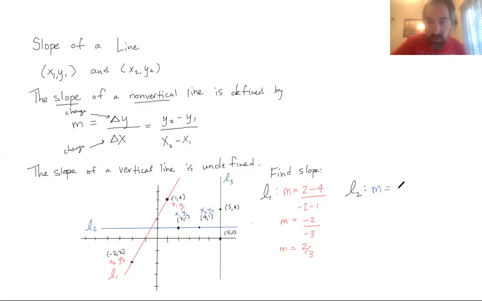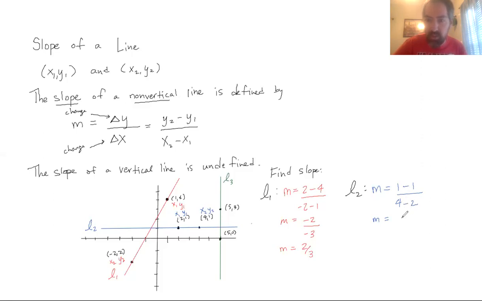All right, so I'll have y2, which is 1, minus y1, which is 1. Notice that those are the same values. So we're going to end up with a 0 in the numerator. But let's do the denominator first. x2 is 4, x1 is 2. So that is 1 minus 1 divided by 4 minus 2.